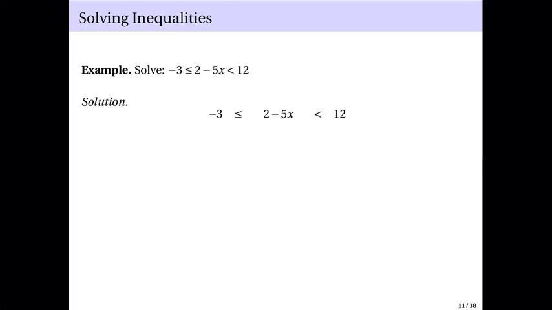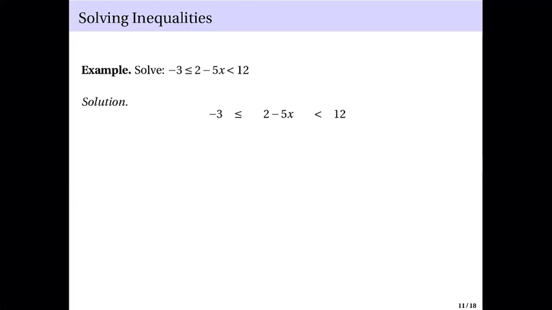Now, solving for x, as I have said, our expression with the variable x is in the middle. You want to retain the variable x in the middle part. You don't move the variable x to either side of the inequality.